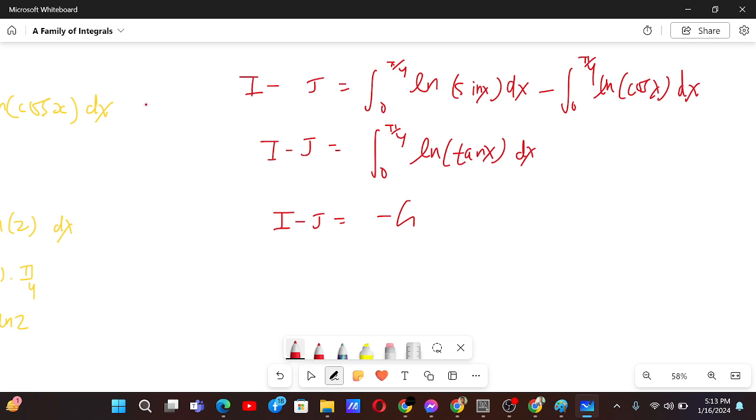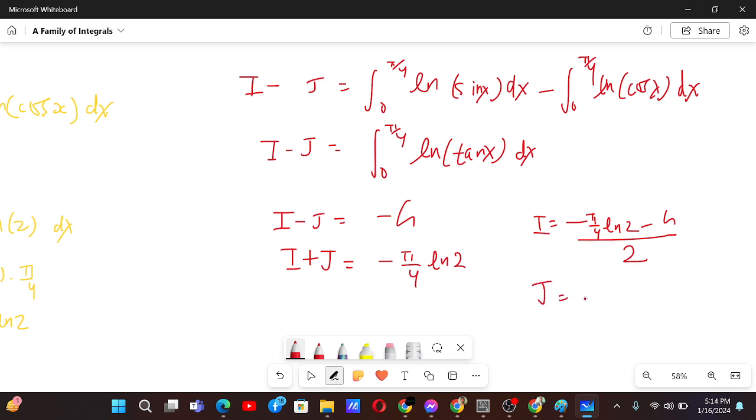So most of these things are just interconnected. That's why I brought up the family of these integrals. So I minus J is minus g, and I plus J was minus pi by 4 ln 2. So our I is minus pi by 4 ln 2 minus g by 2; we just add both of them and divide by 2. And J is minus pi by 4 ln 2 plus g by 2; we subtract the first from the second and then divide by 2.